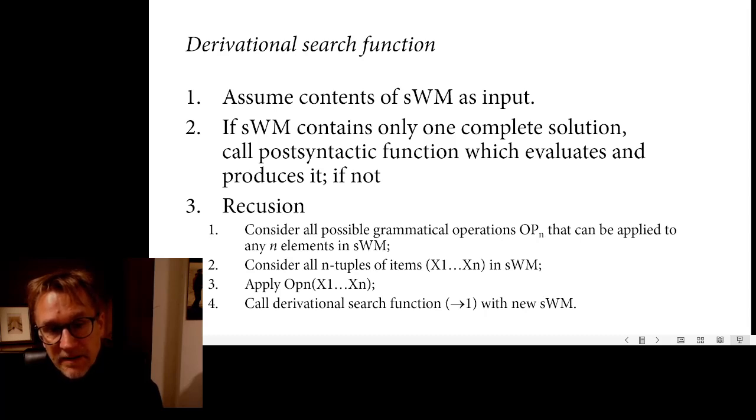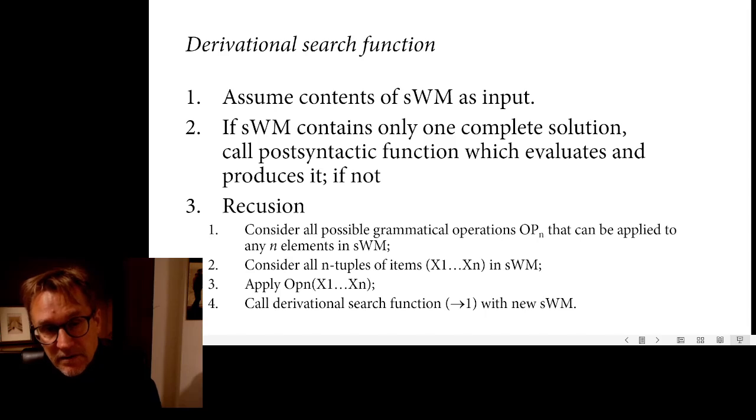That's where we feed all complete solutions, and there will be additional checks if our theory or hypothesis requires them, and other adjustment operations, phonological adjustments, phonological processing, perhaps even some type of syntactic rearrangements. But because they are outside of the search function, all of these operations have to be mechanical mappings. There cannot be any search involved. Anything that involves search then has to be part of the derivational search function I'm showing here.